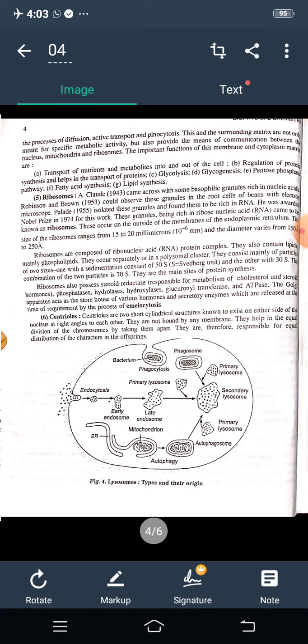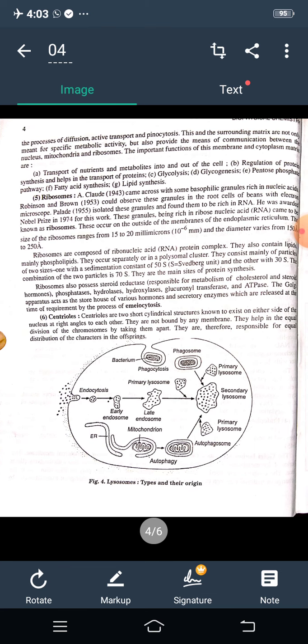The size of the ribosomes ranges from 50 to 200 millimicrons, meaning 10 to the power minus 6 millimeter, and the diameter varies from 150 to 250 angstrom. Ribosomes are composed of RNA-protein complex. They also contain lipids, mainly phospholipids. They occur separately or in a polysomal cluster.